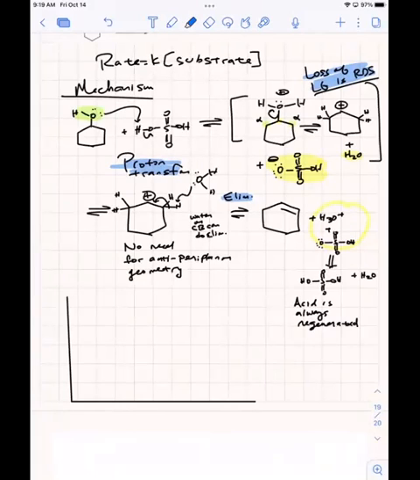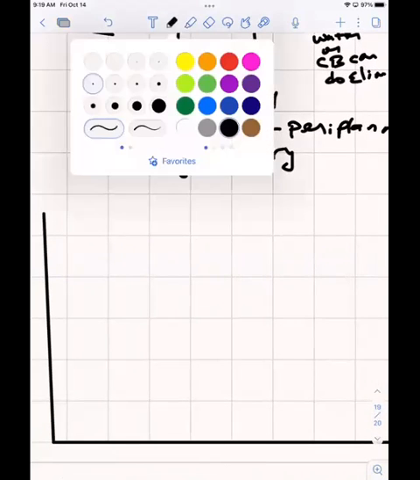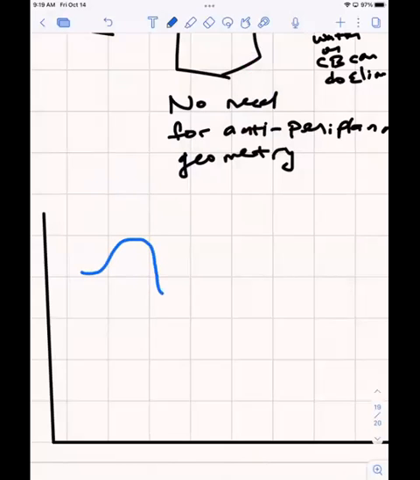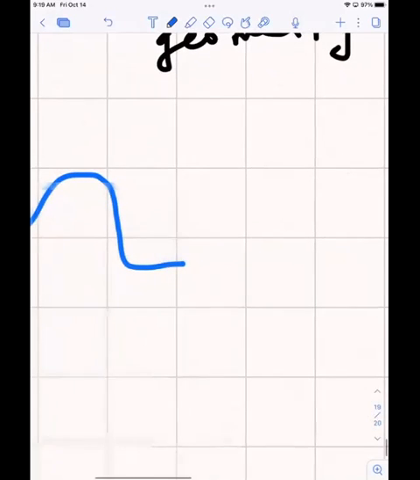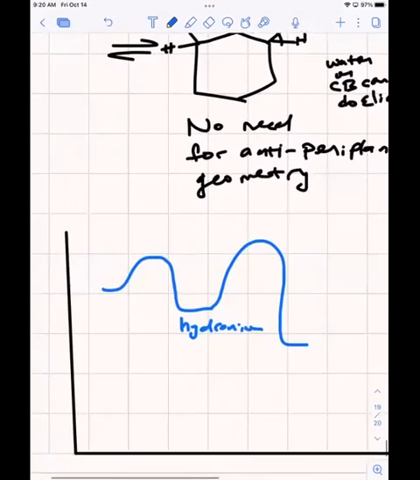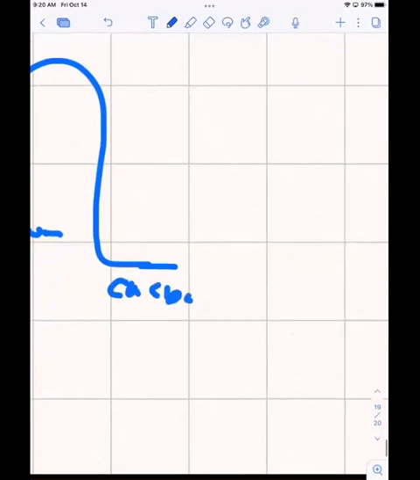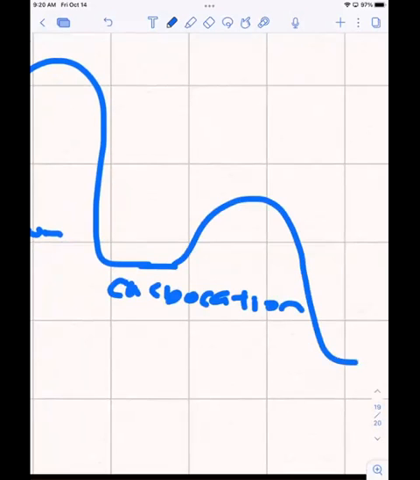So how many humps should be in the energy diagram? 3. All right, the proton transfer, that's going to be rapid. And it'll get you to that hydronium intermediate. And then the loss of leaving group is going to have a little higher activation energy because that's the rate determinant step. That'll get me to here, to the carbocation. And then the elimination step is here.